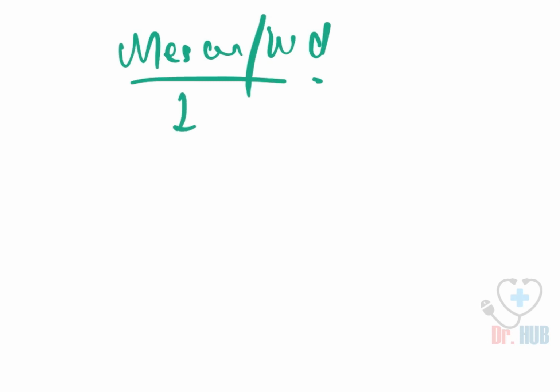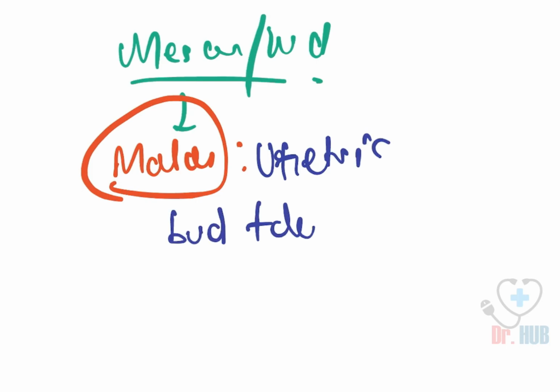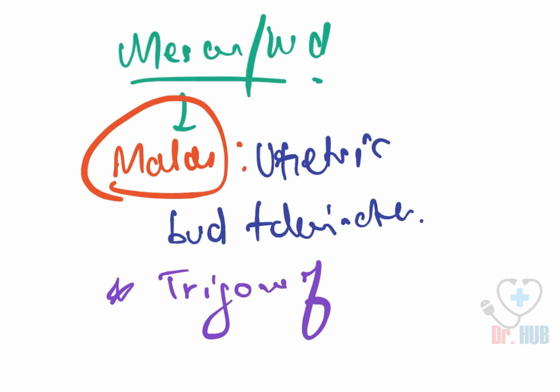Now to answer the questions, the first question was in case of the mesonephric Wolffian duct, what are the derivatives in case of the males? So in males, it has the ureteric bud plus derivatives. Next, there is the trigone of the bladder.